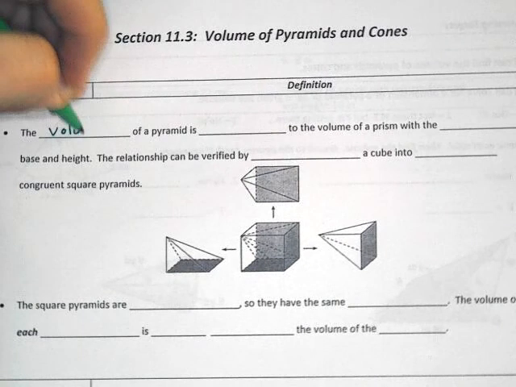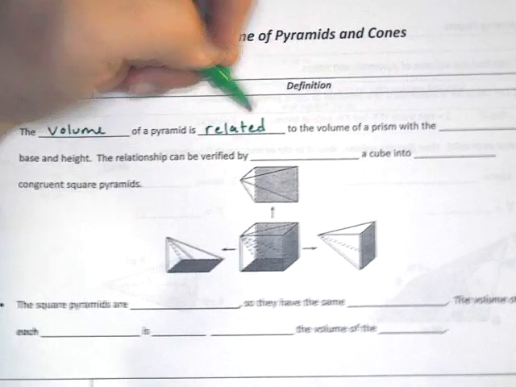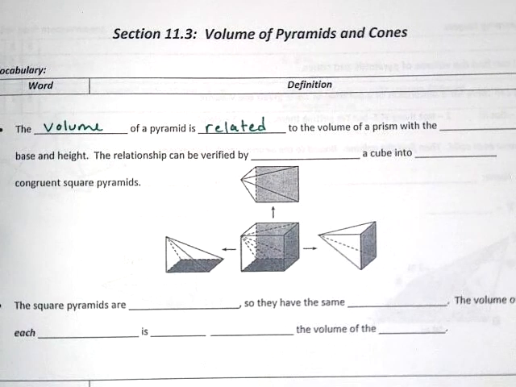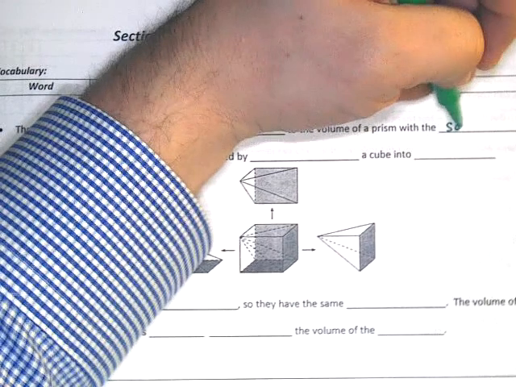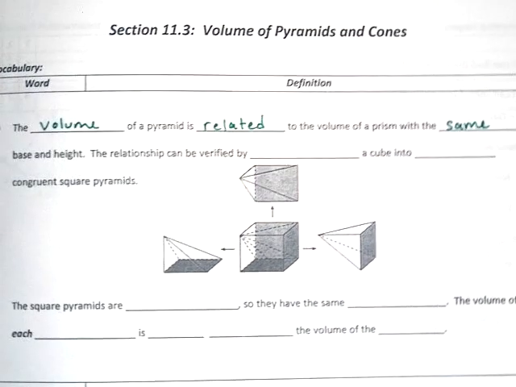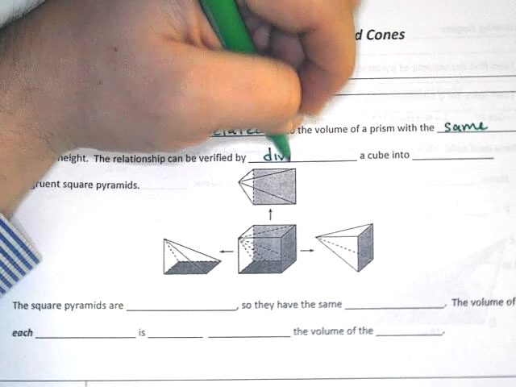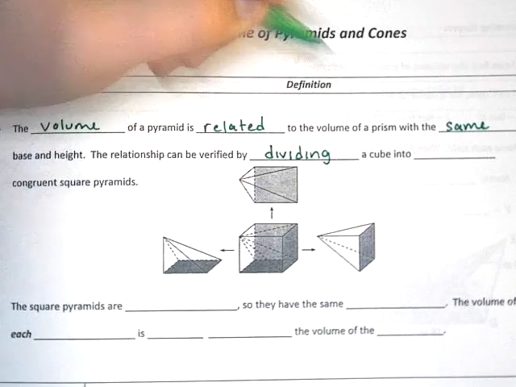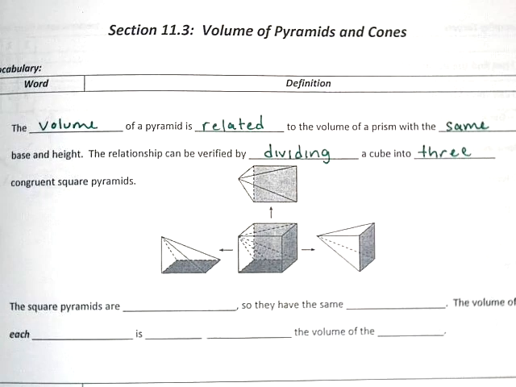The volume of a pyramid is related to the volume of a prism with the same base and height. This relationship can be verified by dividing a cube into 3 congruent square pyramids.